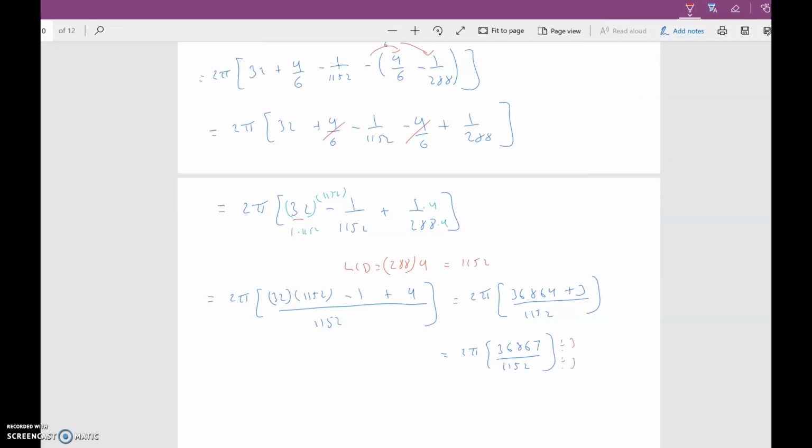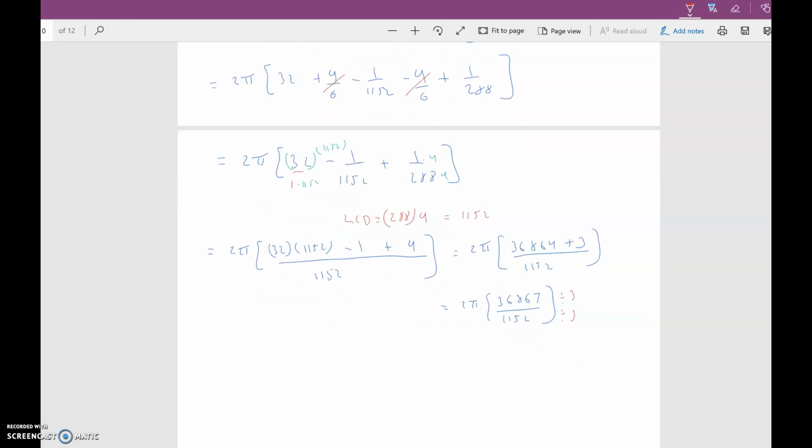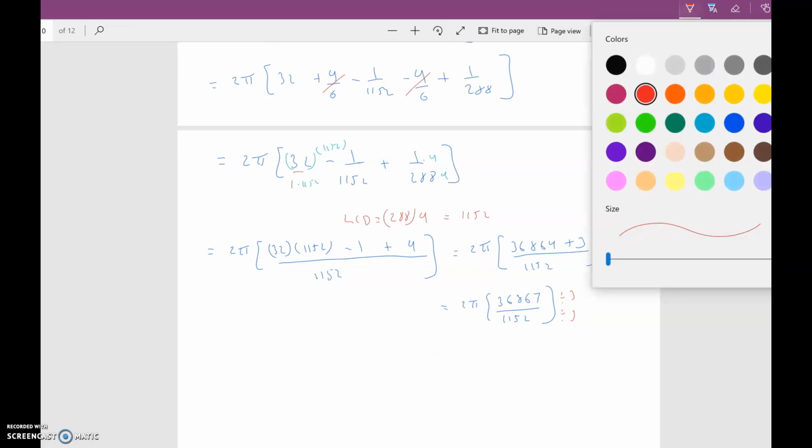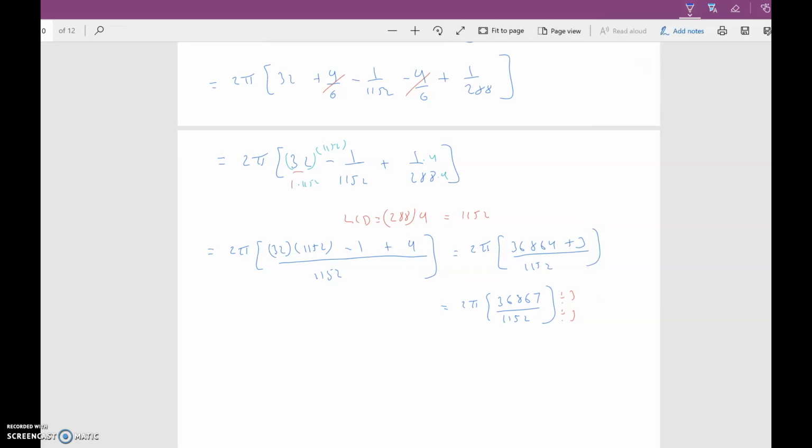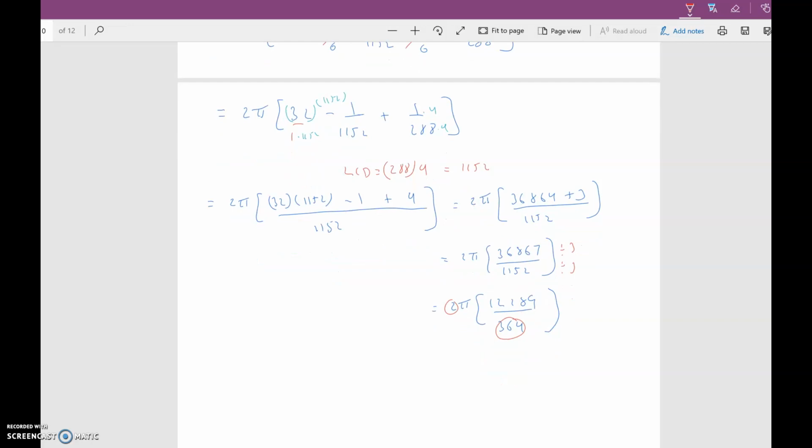It actually divides by 3. So I'm looking at 36867 over 1152, and reducing it gives us 2 pi times 12,289 divided by 384, which this one further reduces.